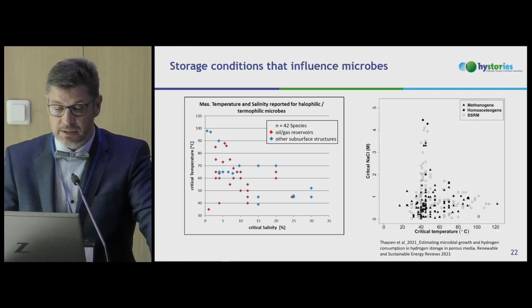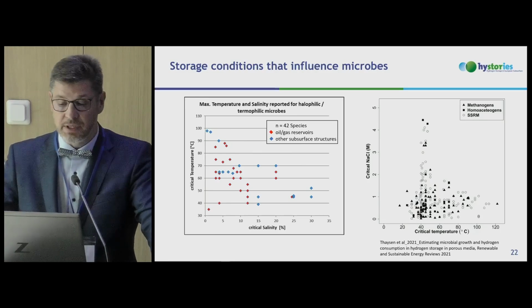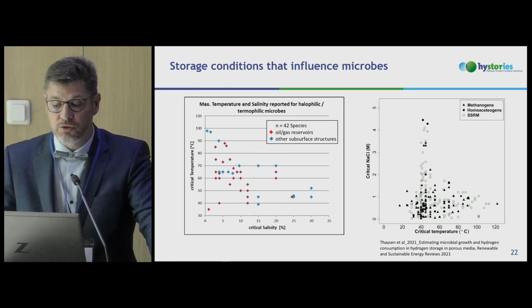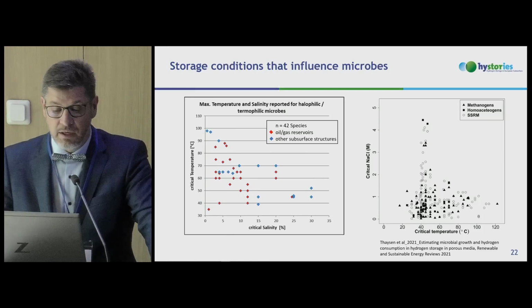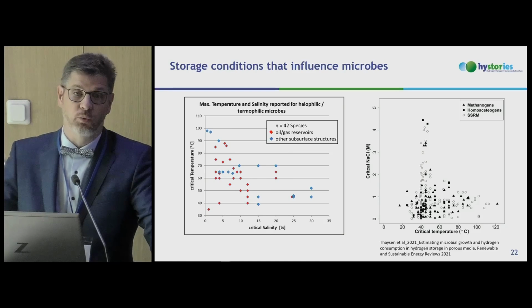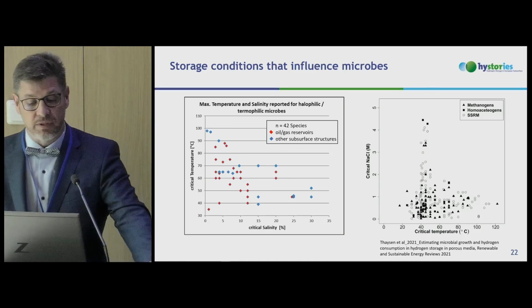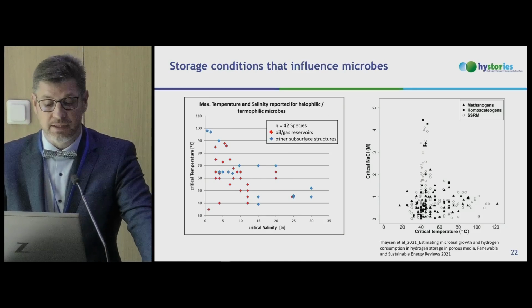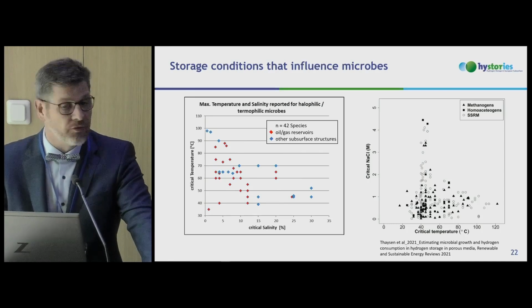A very similar summary was recently published by Tyson. These data, as well as our own results, suggest that there is a range of medium temperature and salinity where microbial activity is strongly limited. Since gas storages often contain increased salinities in the formation water, this correlation can be used in the microbial assessment of the suitability of hydrogen storage.